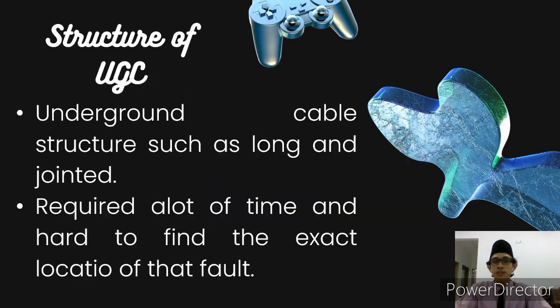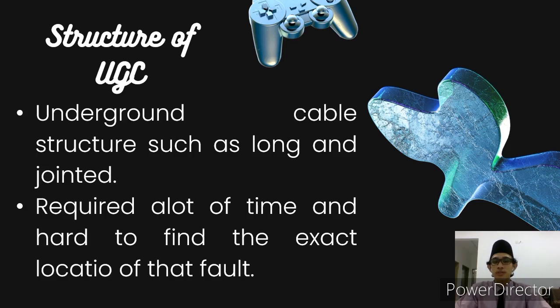So moving to our second point, which is the structure of underground cable itself. Underground cable structure is a long cable and also has many joints and a lot of branches. So with that, it requires a lot of time and is hard to find the exact location of the fault, because as we know, underground cable is not like 5 meters or 10 meters.